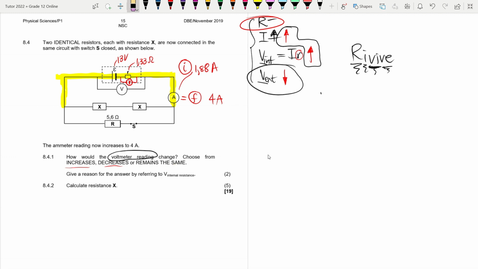Because the internal resistance is using more current, because it receives the total current, so the voltage has to increase inside it.